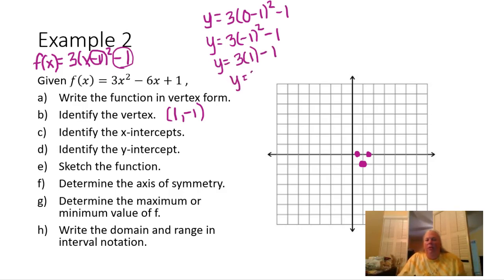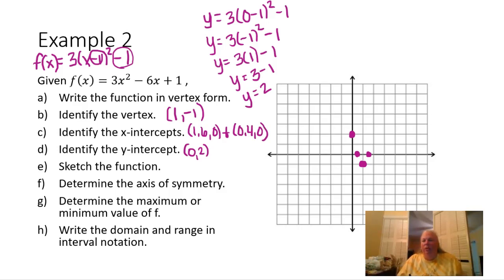And then 3 times 1 is 3, so y is equal to 3 minus 1, which means that y is equal to 2. And that puts my y-intercept right here at 0, 2. And let's see, my x-intercepts were at 1.6 and 0 and 0.4 and 0.